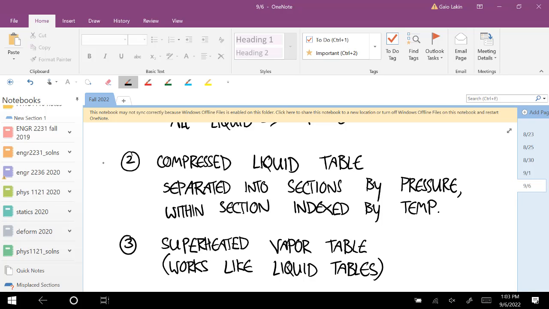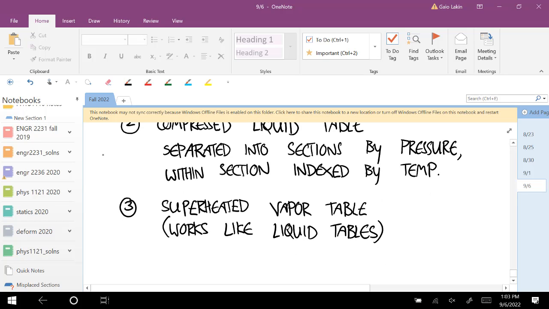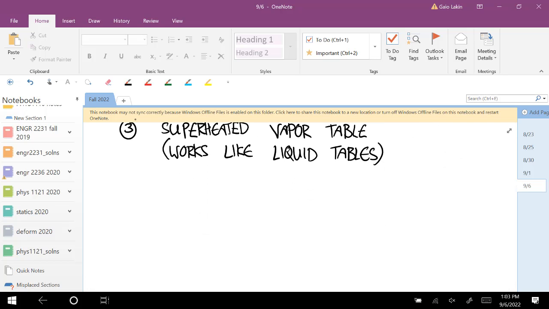The answer is you have to do linear interpolation to find the values you want. So basically, whenever you're using tables for properties, you're going to need to use linear interpolation.